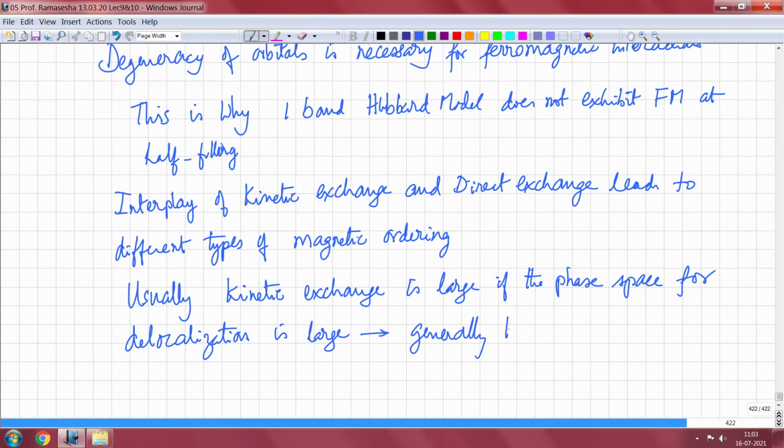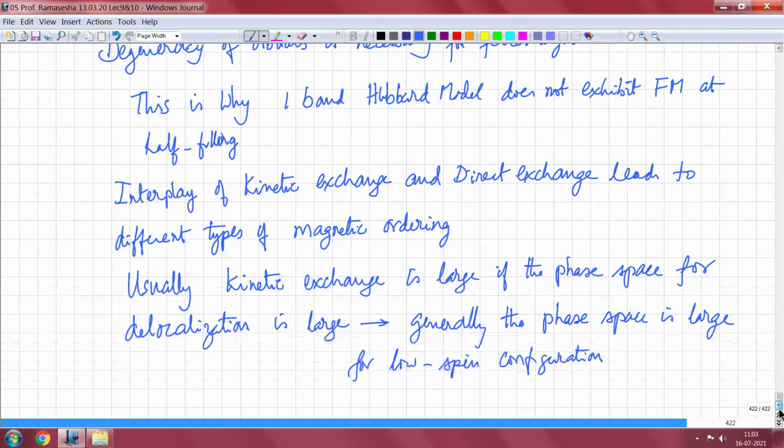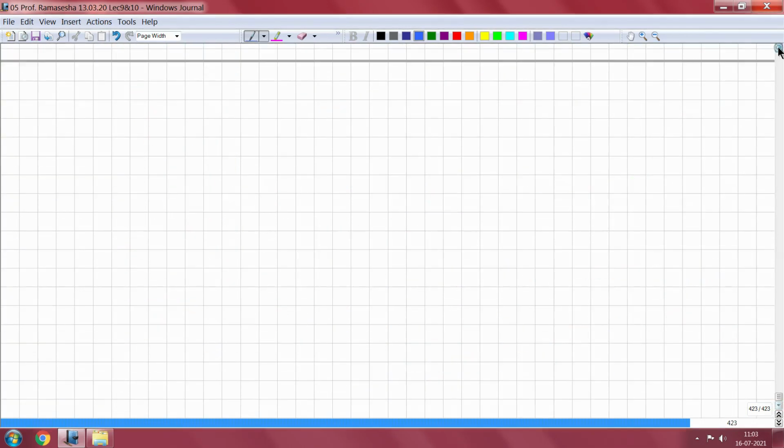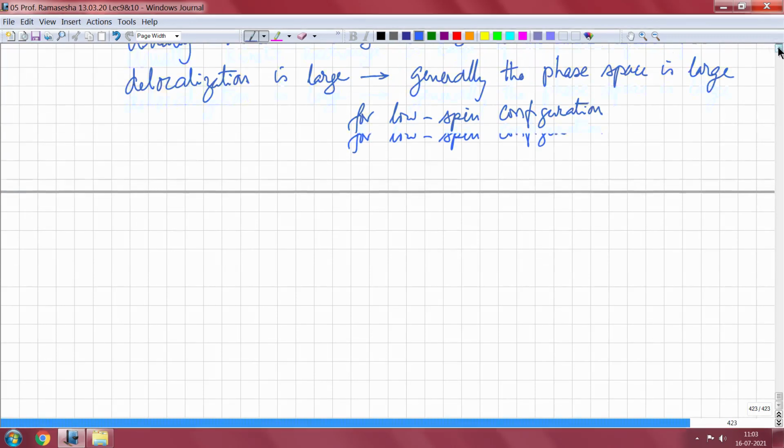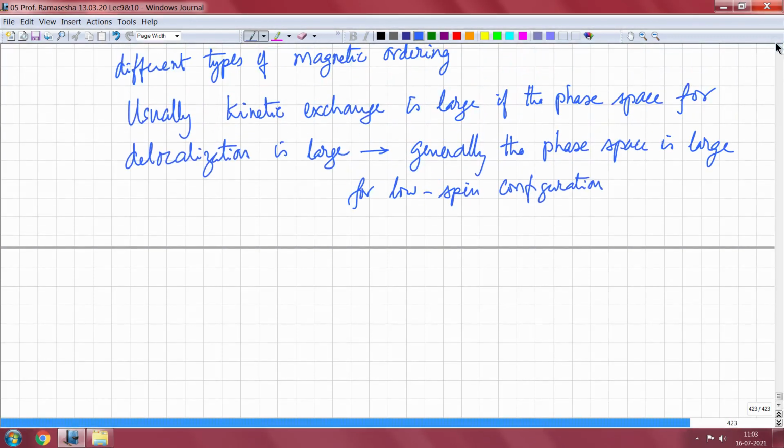The phase space is large for low spin configurations, because for low spin configurations you do not have the blocking because of the Pauli exclusion principle, and so almost all pathways are possible.